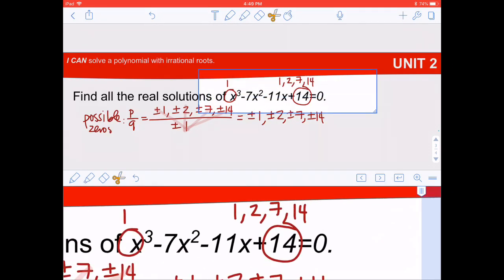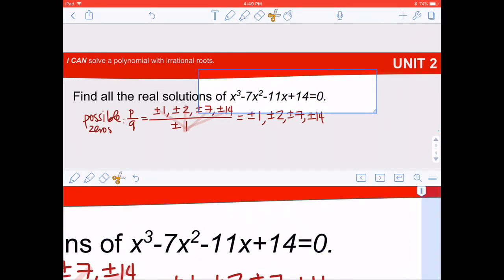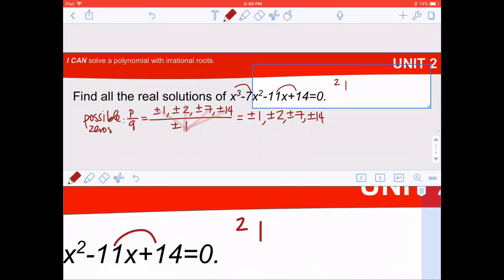Why don't we, while we're at it, go ahead and use Descartes' rule of signs to see if we can maybe narrow this down by anything. I see that there's one sign change here, another one here, so that means we're going to have 2 or 0 positive zeros.